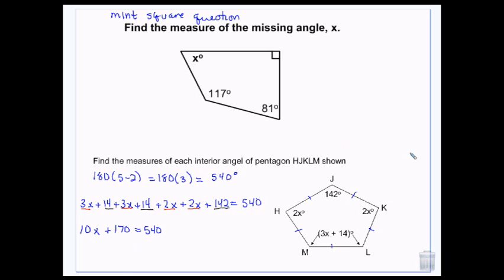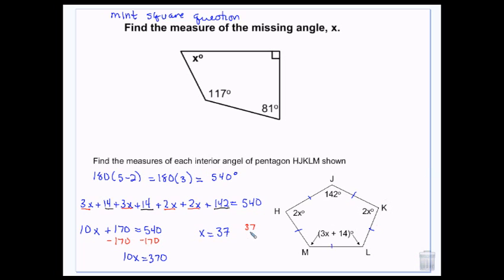Okay. Subtract 170 from both sides, and you're going to get 10x is equal to 370. So what does x equal? 37.